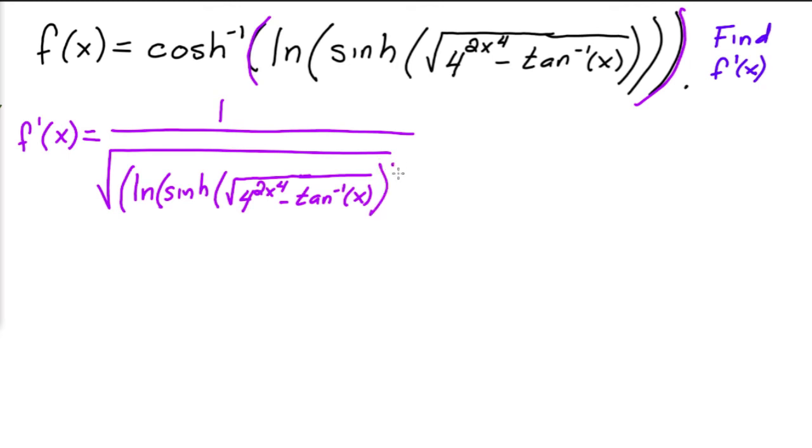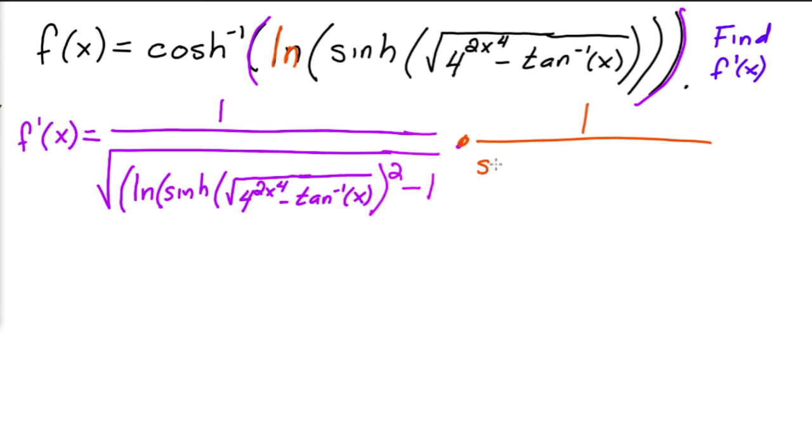So this guy squared minus 1. Okay, and then times the derivative of the inside. So here, my first inside is the natural log function, whose derivative is 1 over the inside.